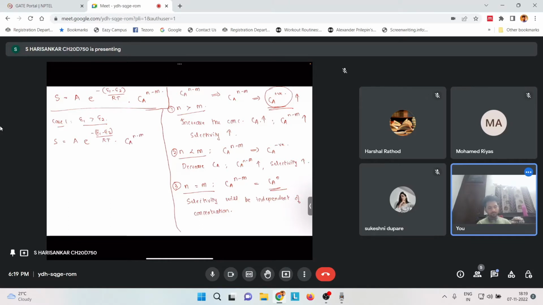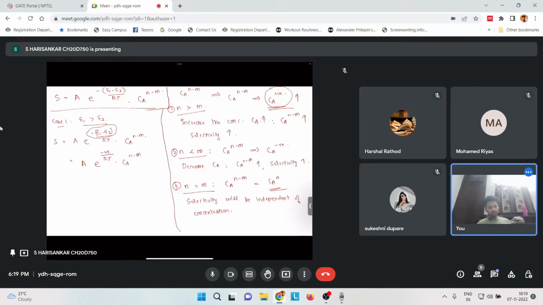So here, if E1 is greater than E2, that means this term will as a whole become negative, right? So it will become something like A e raised to a negative term by RT, Ca raised to n minus m.